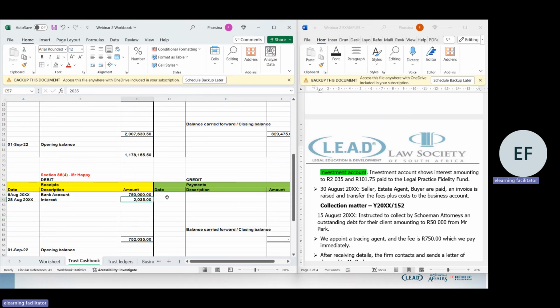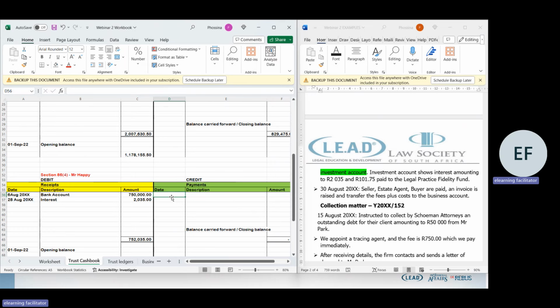And when it comes to the date, then we are splitting it. That interest in full, one part is paid to the fund, which is the 5%, and then the remaining is transferred back to the trust account.